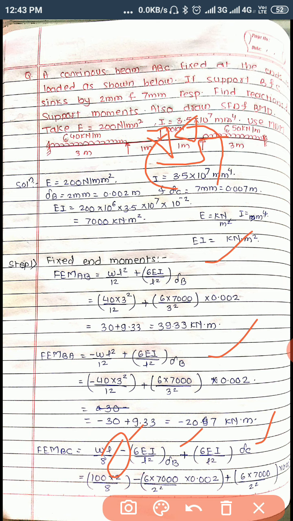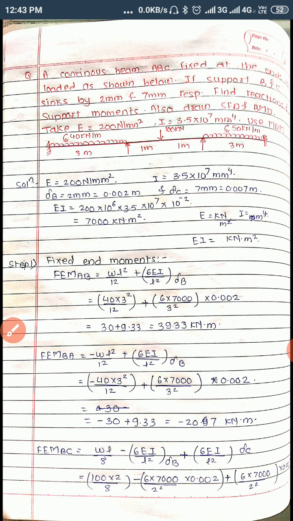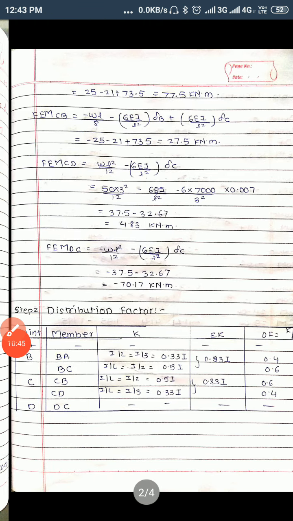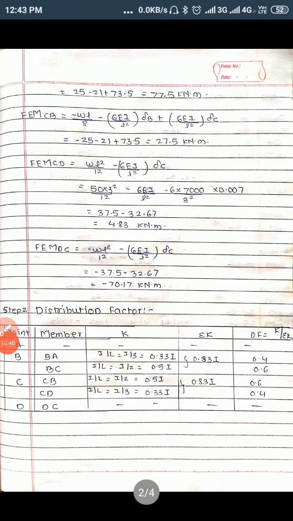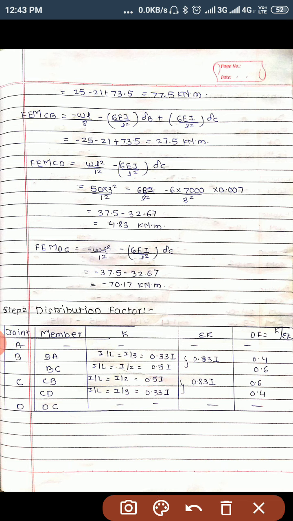Clockwise we are considering negative. So this is the difference for B and C part. For FEMC in the span C to D, we have only one settlement at support C, and that we will consider as negative.